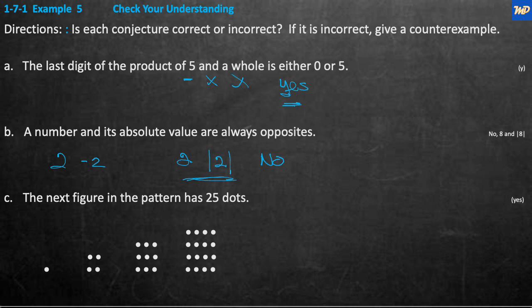We're doing 1, then a square with sides of 2, then a square with sides of 3, a square with sides of 4, and then one with sides of 5. 1, 2, 3, 4, 5, row after row. So 4 by 4, here's 5 by 5. And 5 by 5 has 25 dots. So the answer is yes.